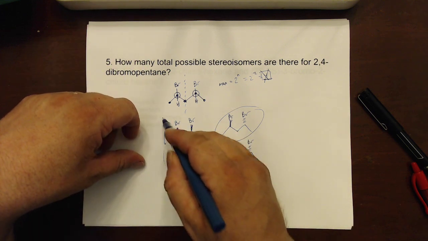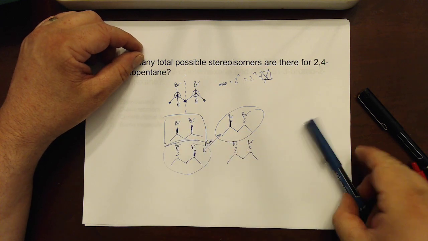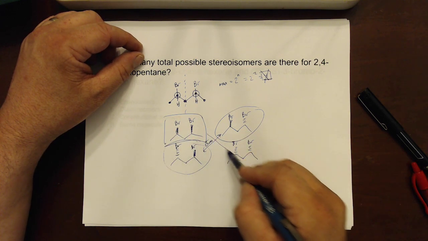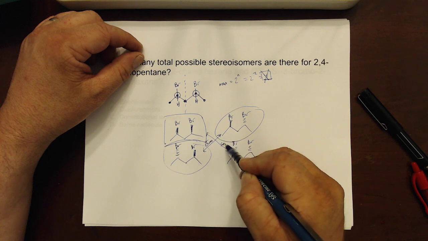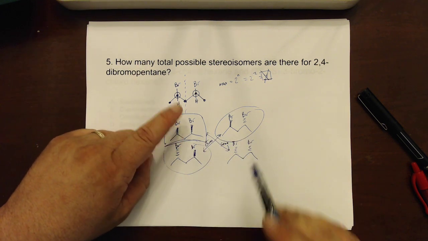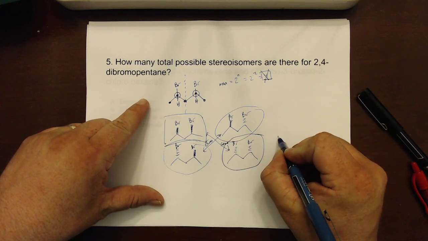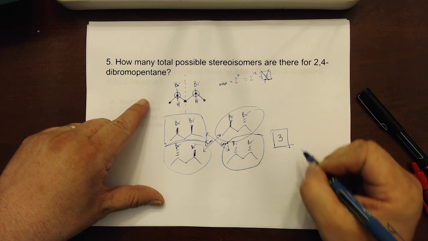But if you notice these guys here, if I were to take this molecule and flip it over here, it's the same. So these are the same molecule. Because these 2 guys are meso, they're actually the same molecule. So in fact, you really only have 3.